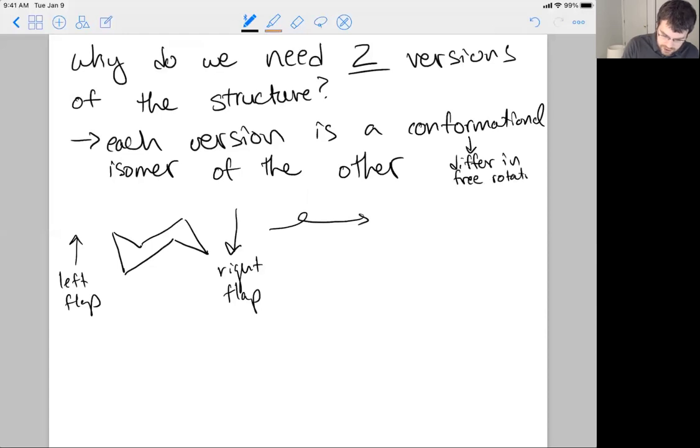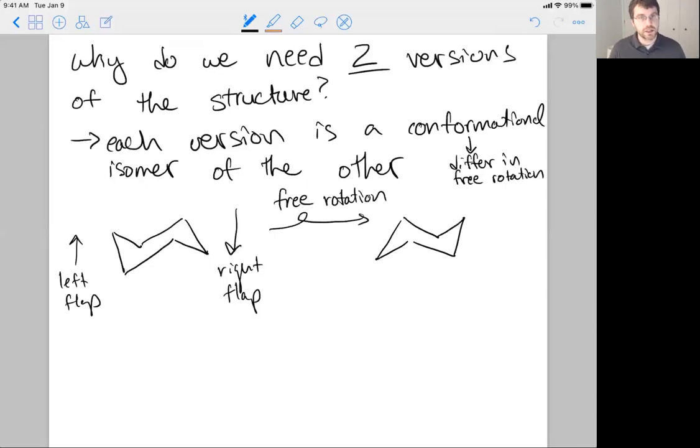What you do is a series of free rotations on one chair structure to get to the other. So I'm going to draw my looping arrow and say the words free rotation over that arrow to indicate that as I go from one chair to the other, I have done what's called free rotation. And the relationship between these two structures are conformational isomers.